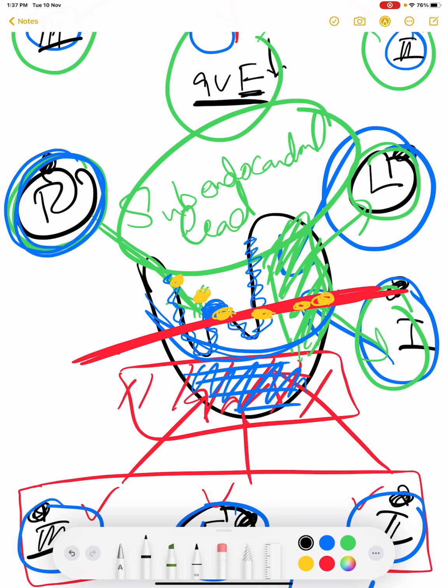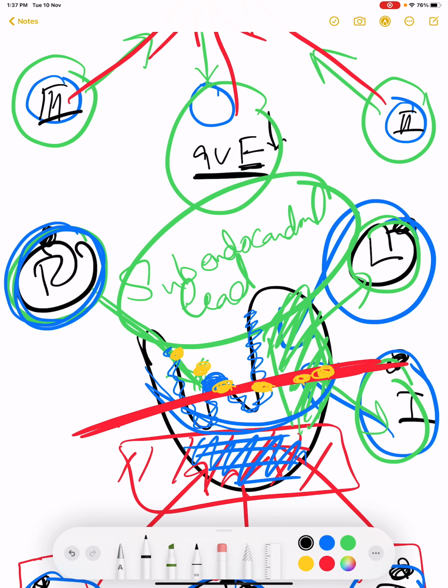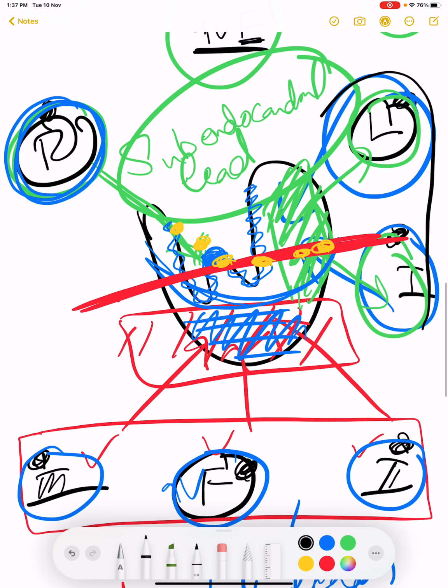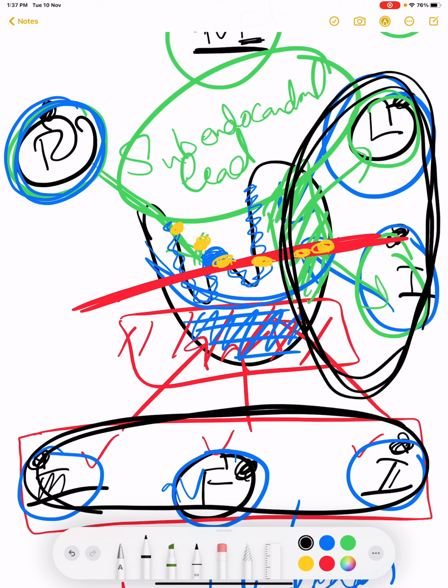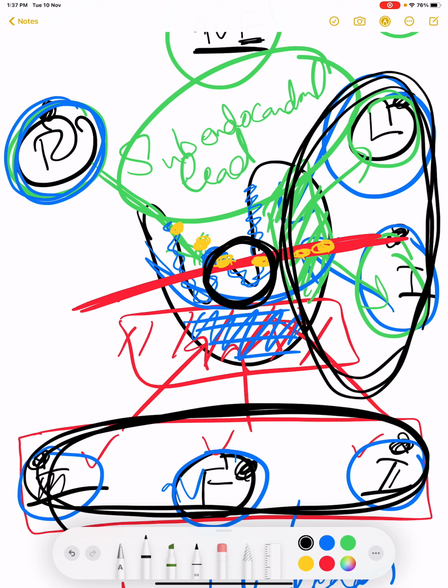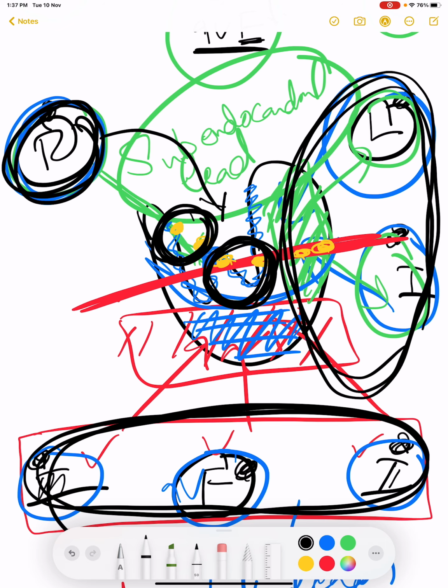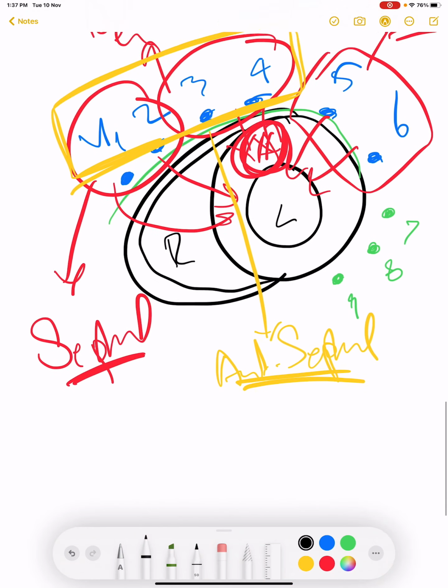If we combine all of them, lead 1, AVL, V5 and V6 will be the lateral leads, 2, 3 and AVF will be the inferior leads, V3 and V4 will be our anterior leads, and V1 and V2 will be our septal leads, and lead AVR will be the subendocardial lead. So this was all about leads.